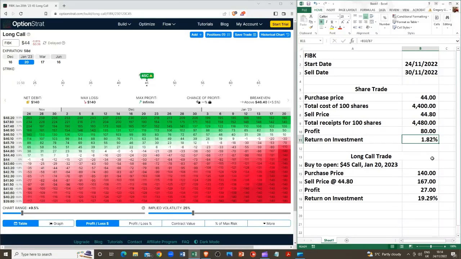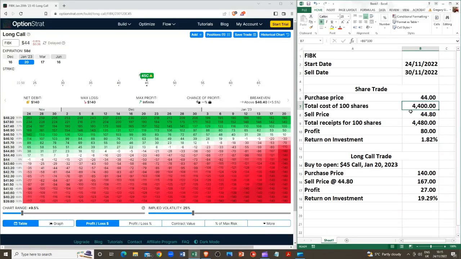This is the value of using options as a tool to increase your profit potential while reducing your loss potential, because the worst case scenario is you would lose the $140 that you paid to buy the call contract, whereas with purchasing the outright shares, you're spending more than $140.